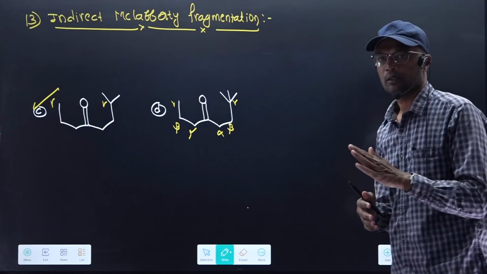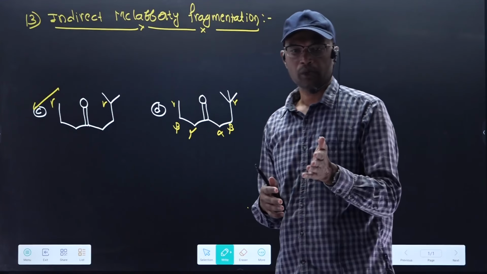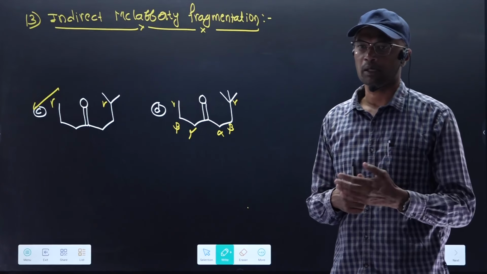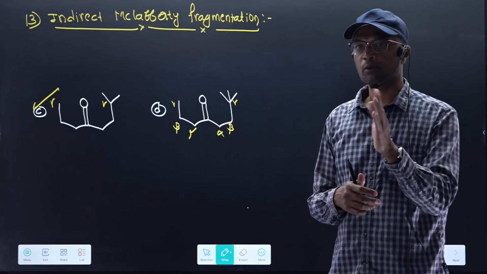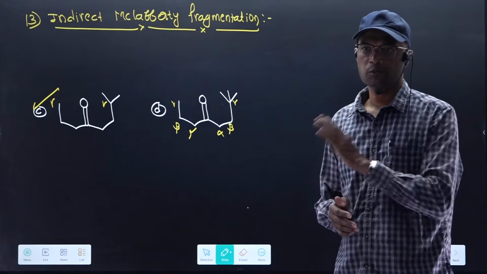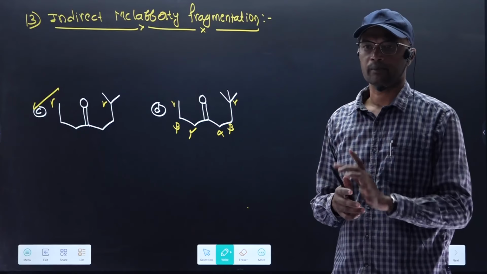Simple McLafferty, Norrish type 2, pyrolytic syn elimination under thermal conditions. Then one more, double McLafferty, which I just explained. Now one more is indirect.